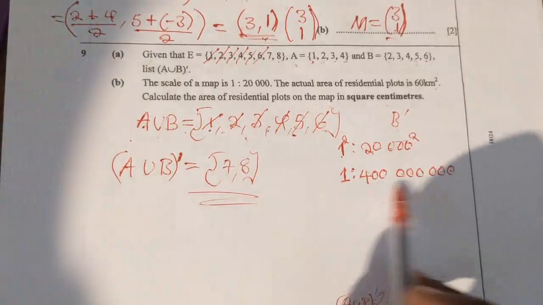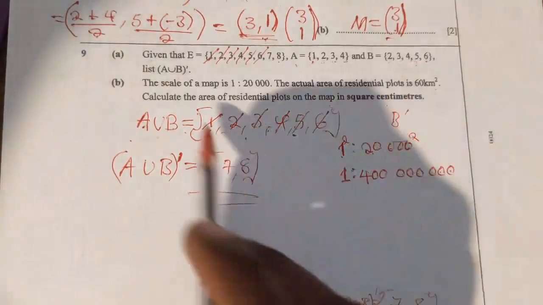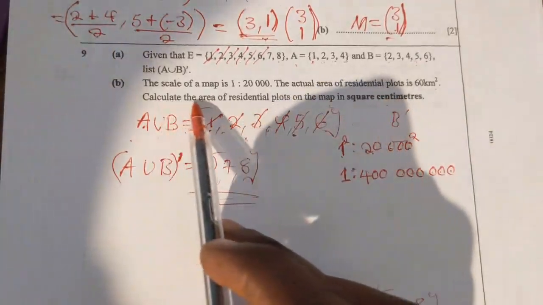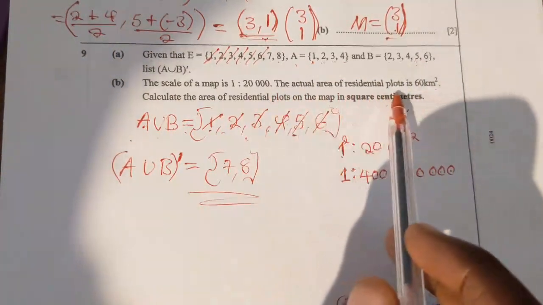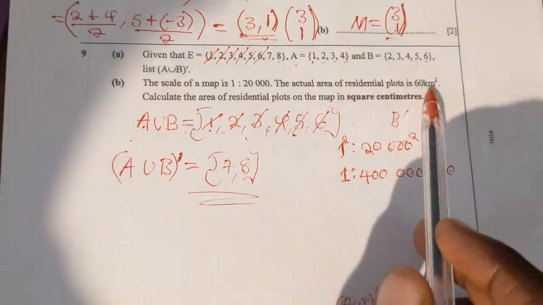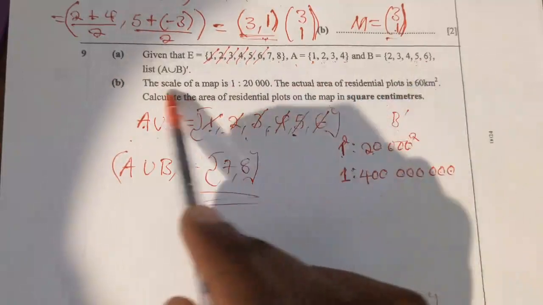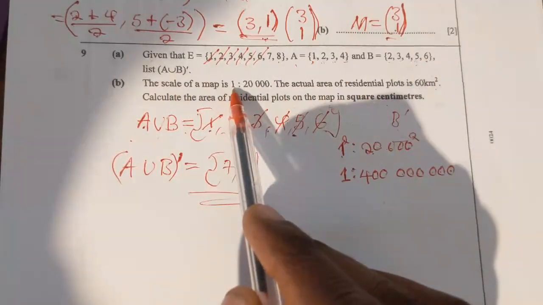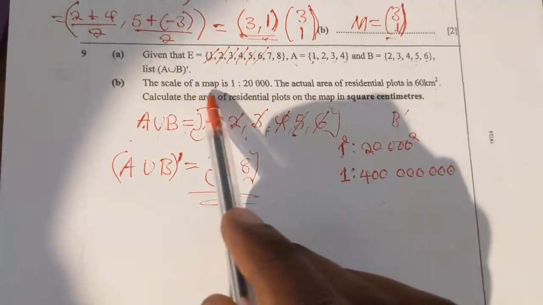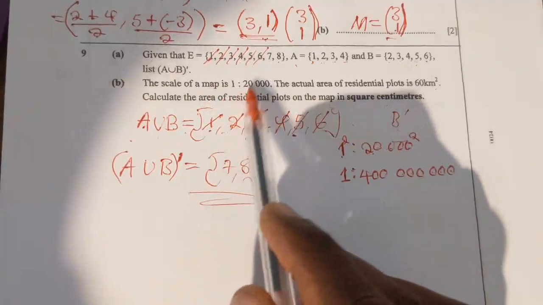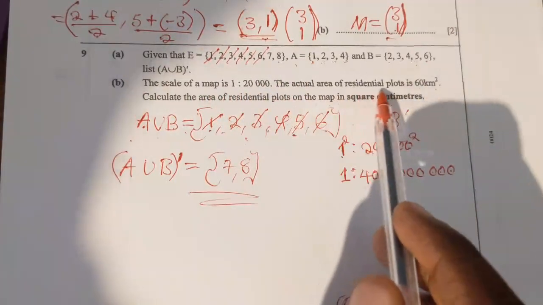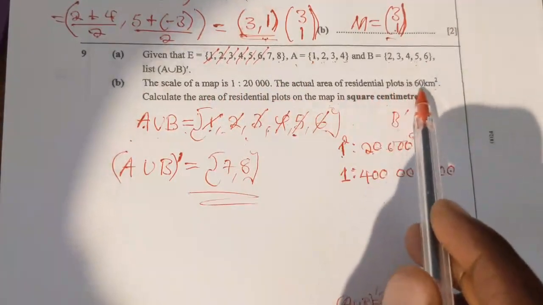So now, after doing this, you go here. Here they are saying that the actual area of the residential plot is 60, and the scale of the map is 1 to 20,000.